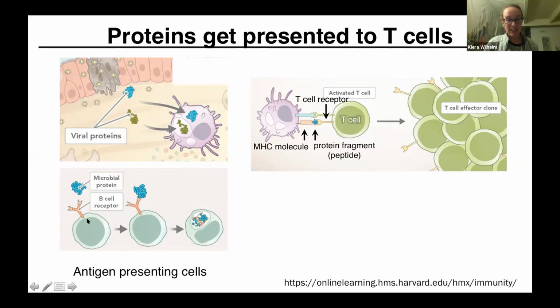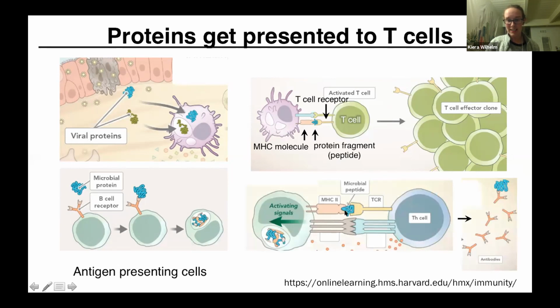And then these B cells, similarly, will present the peptide in an MHC complex. T cells, in this case a T helper cell, but that's more detailed than we need, will recognize this peptide in the MHC complex.